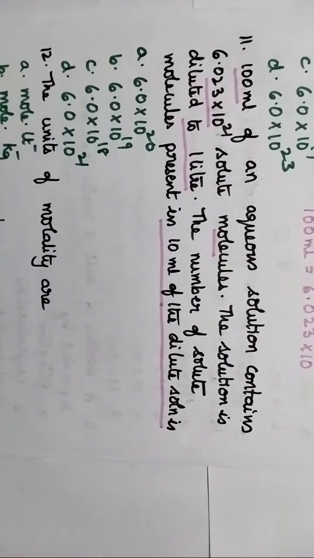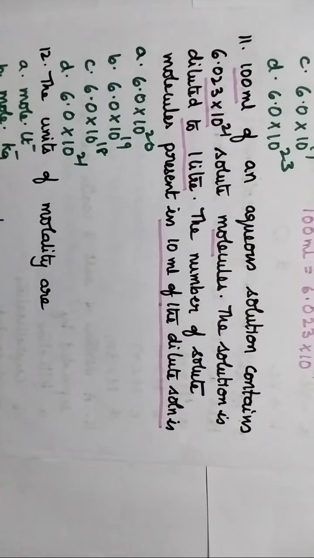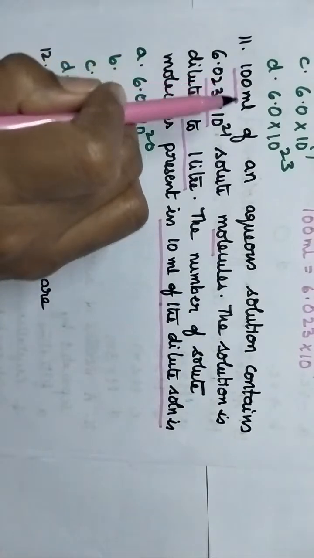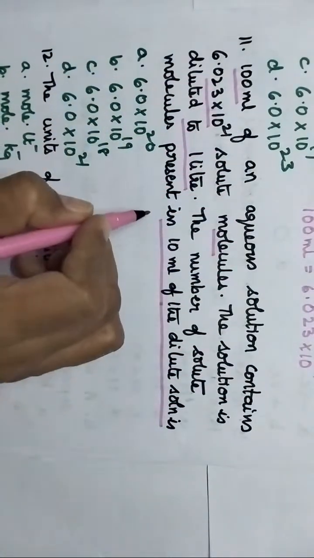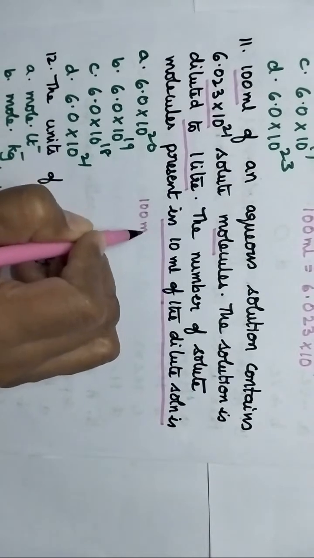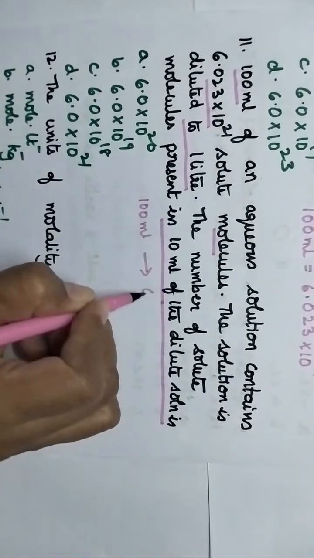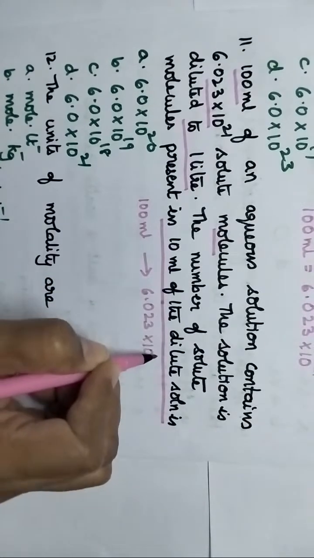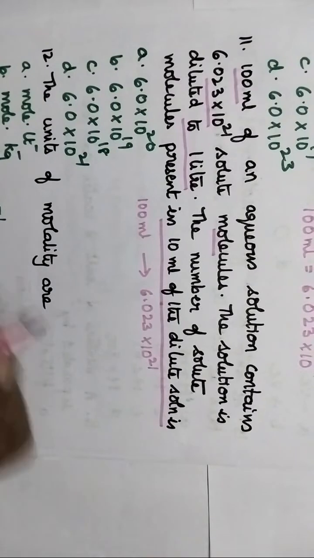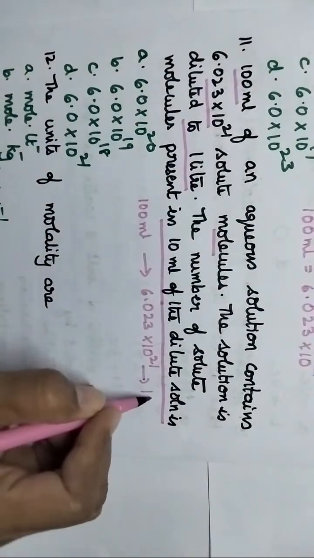Once again, I am reading the question for your convenience. Carefully listen to me. 100 ml of an aqueous solution contains 6.023 into 10 power 21 particles. And it is diluted to 1 liter.